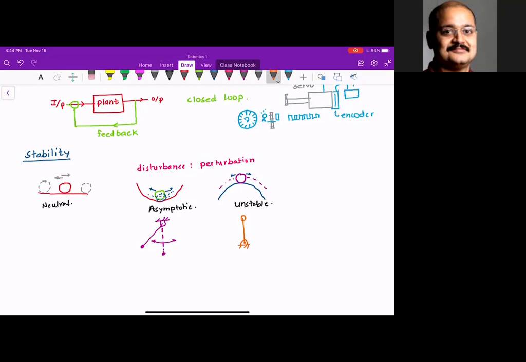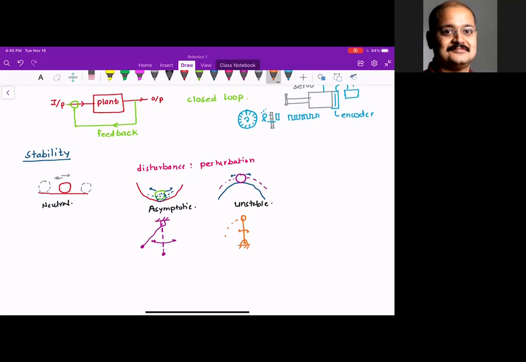But as soon as there is a small perturbation, it will go down and it's never going to come back. So this pendulum is unstable. Everyone understood this? Now the question is, same pendulum, what dictates? In one case, that pendulum is asymptotically stable. In the other case, that pendulum is unstable.